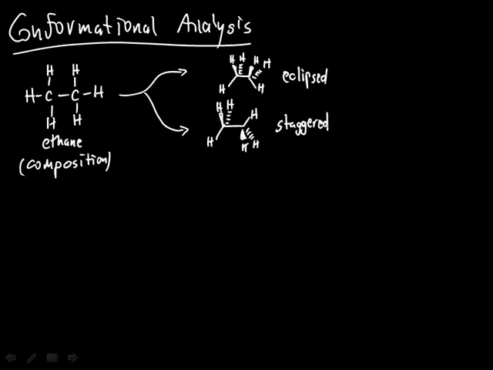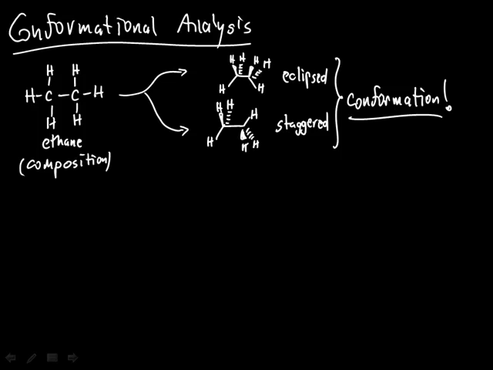Now, these two structures are quite different from the concept of composition, because the composition of ethane doesn't change. What changes is its conformation. And conformations of ethane are structures of ethane which are related to each other by rotation around a single bond.